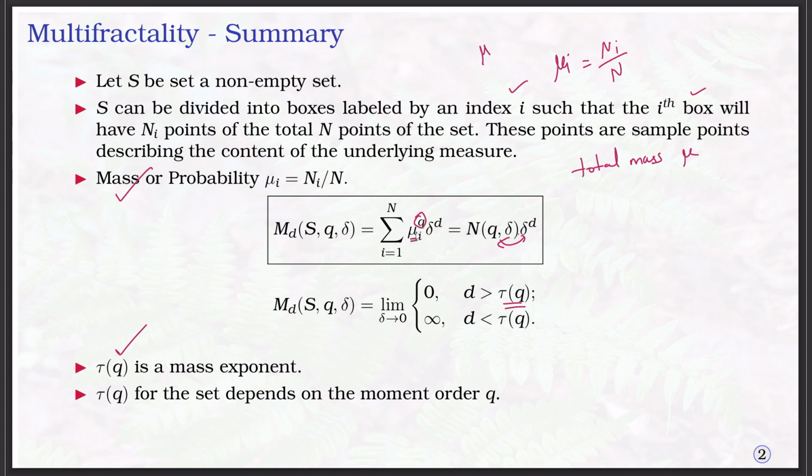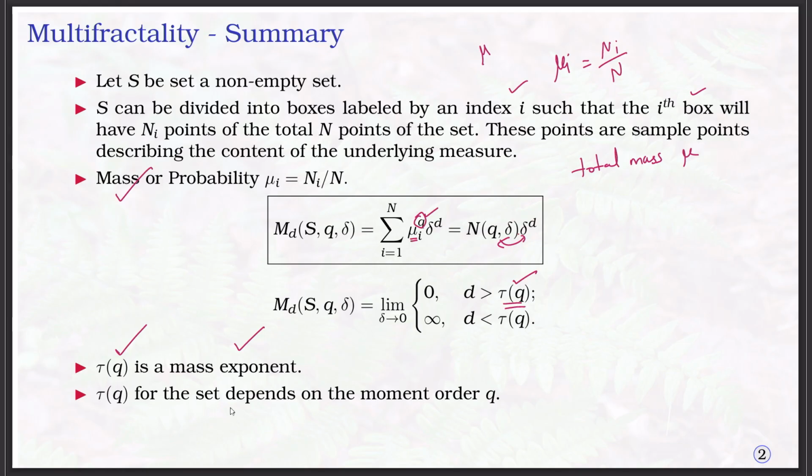This exponent, the q, is raised among the masses, so it is like moments. We raise the power of mu i, which we are calling the probability, to the power q. This q has some critical point. That critical point we call tau q, the mass exponent.